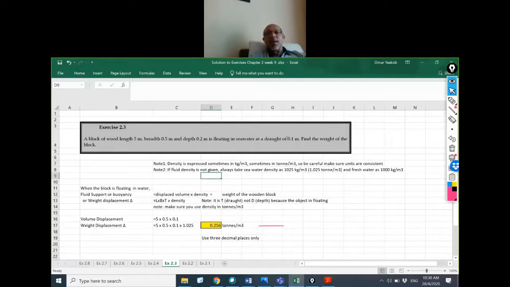That volume displacement times rho, the density, LBT times density, you get the weight displacement. And that weight displacement is the same as the weight of the wooden block. So it is very easy to find the weight of something if you know the volume.